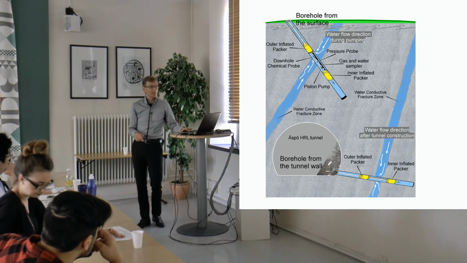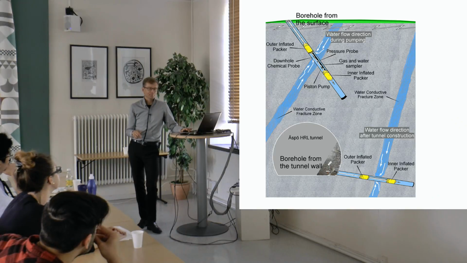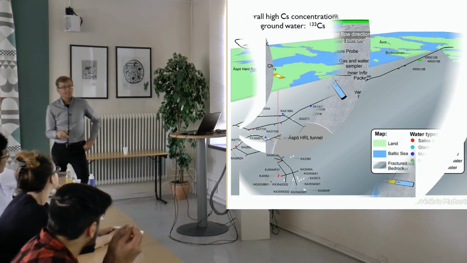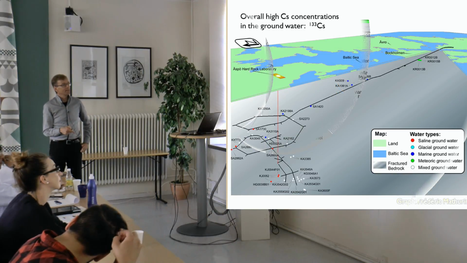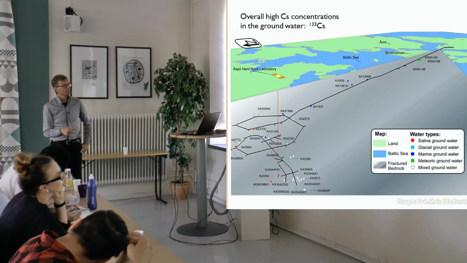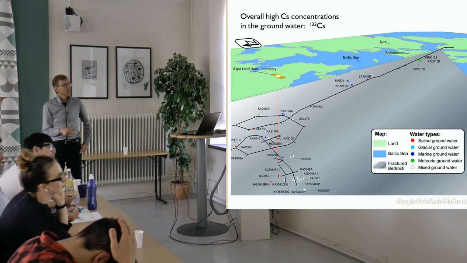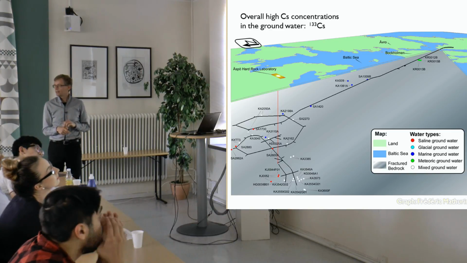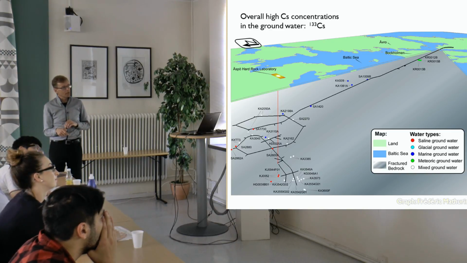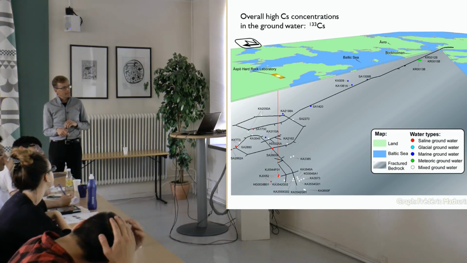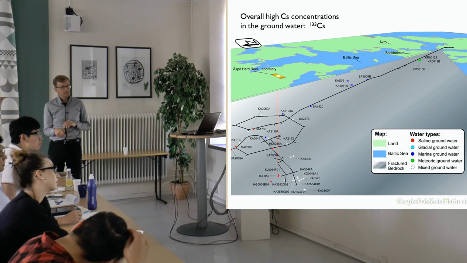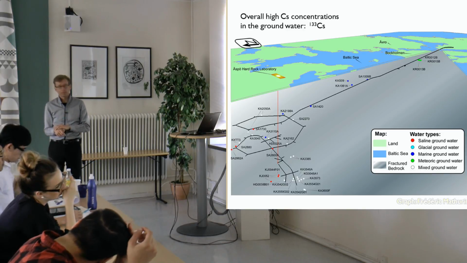But this is so then how the water is collected. Now we look at this picture again, and you see all these boreholes, marked here with the names, tricky names. The water in each borehole is marked with a color, and these colors indicate the origin of the water in that borehole.